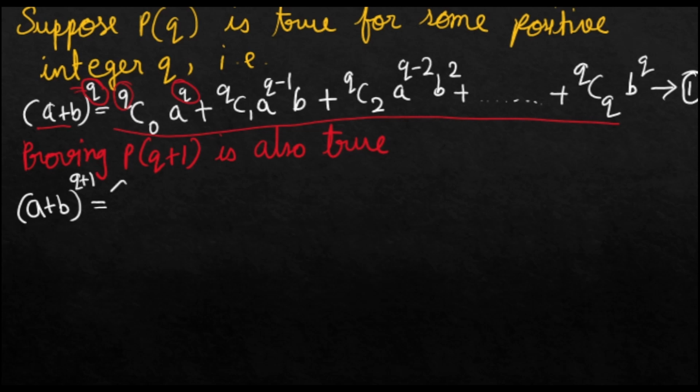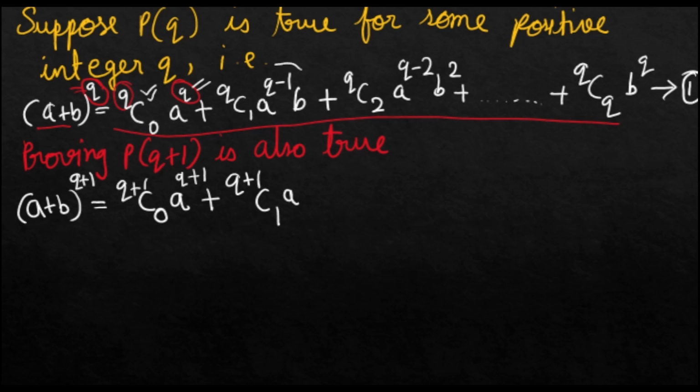Then q plus 1 for the coefficient, C 0, and what will come here for the index of A? Simple, a to the q plus 1. Then q plus 1 C1 a. What will come here in the place of q minus 1? Because we already have q minus 1 here and we have to write q plus 1.